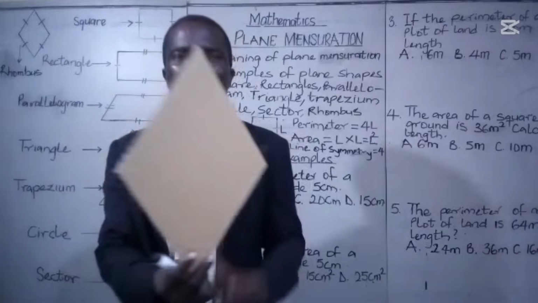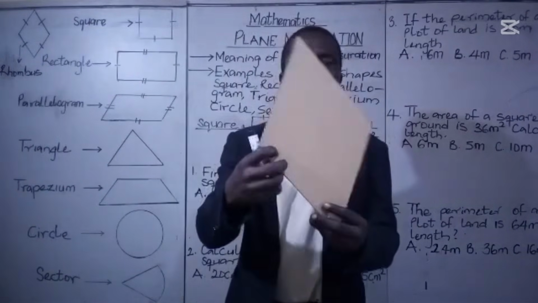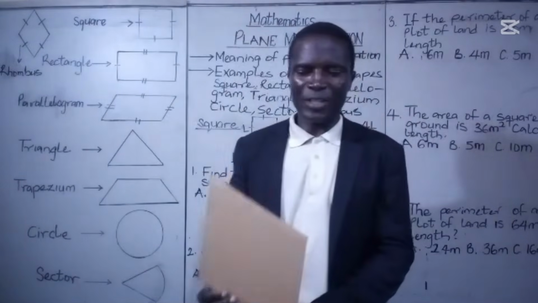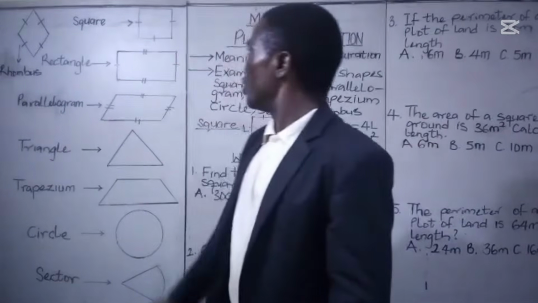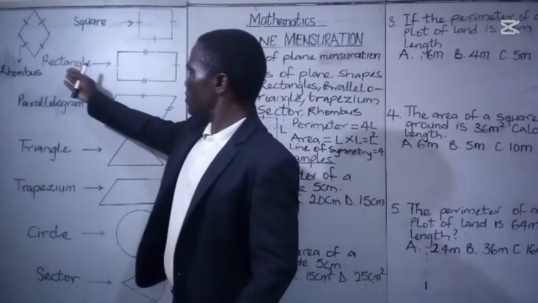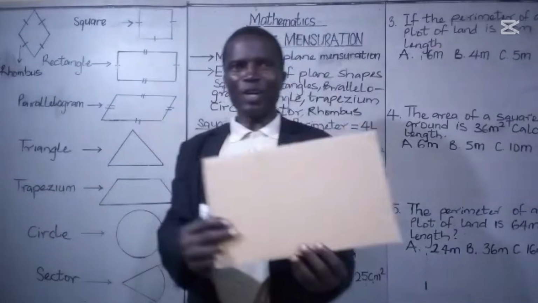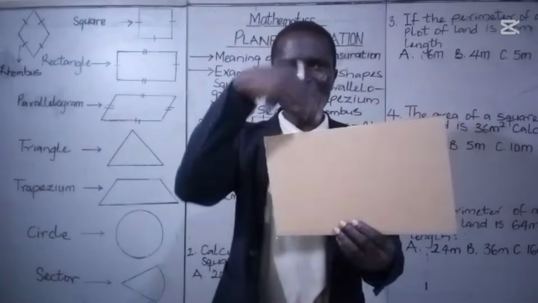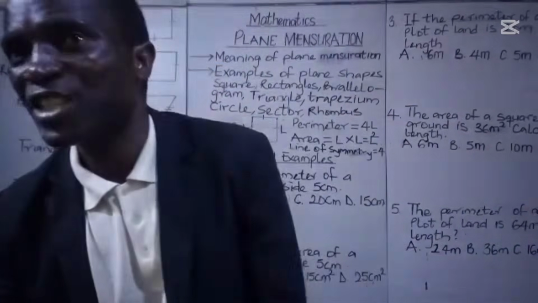Rhombus is equally a plane shape because it has only outer surfaces. There is no inner surface. Then we also have another example of plane shapes, rectangle. Rectangle is a plane shape because it has only outer surfaces. There is no inner surface.